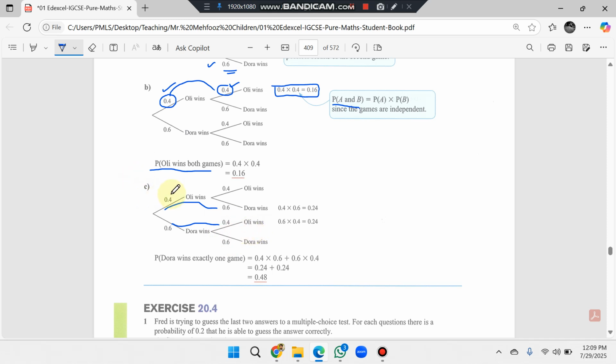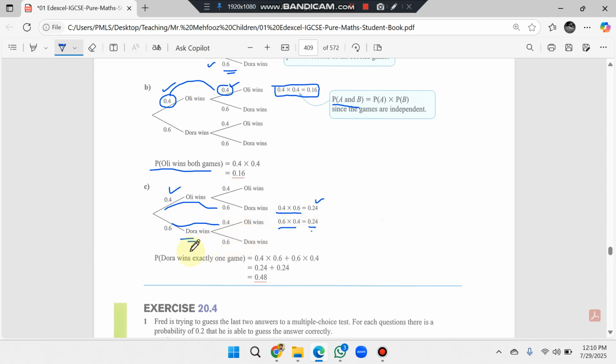In one branch, Dora loses the first game and wins the second game. In the second branch, Dora wins the first game but loses the second game. So its probability will be 0.4 multiplied by 0.6, that is 0.24. And in the other case we have 0.6 multiplied by 0.4, that is also 0.24.